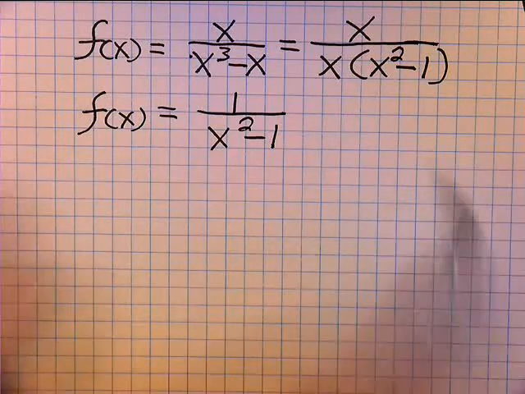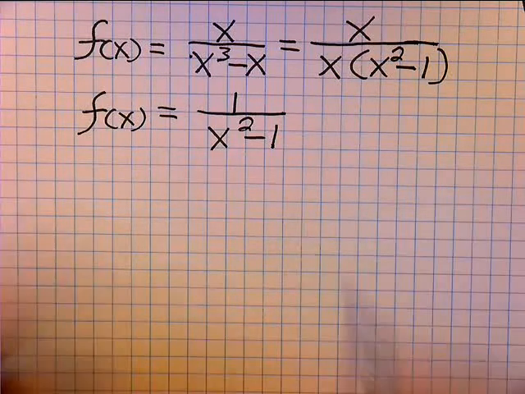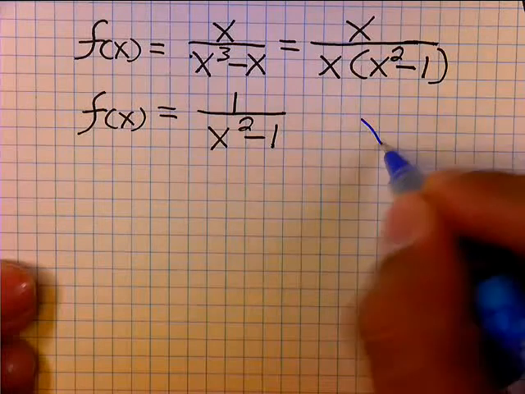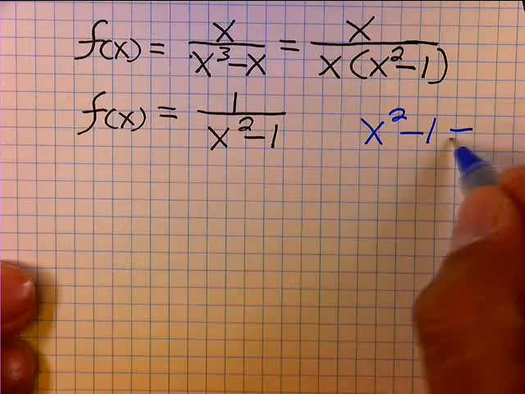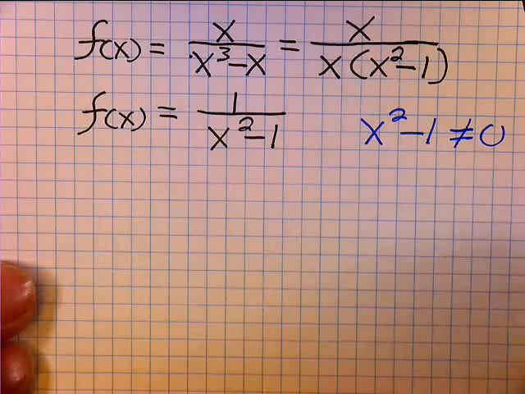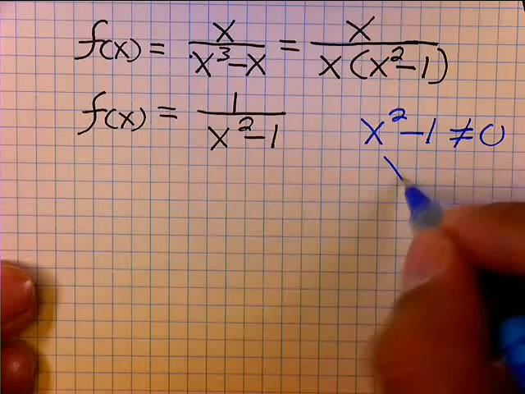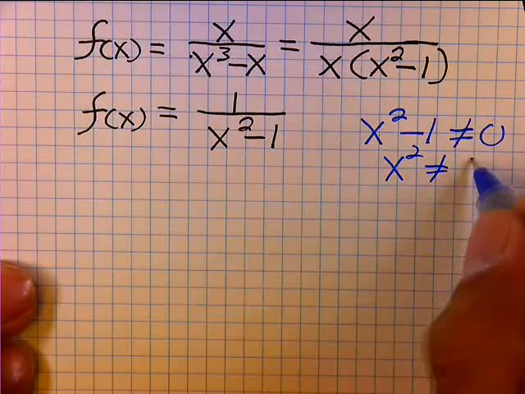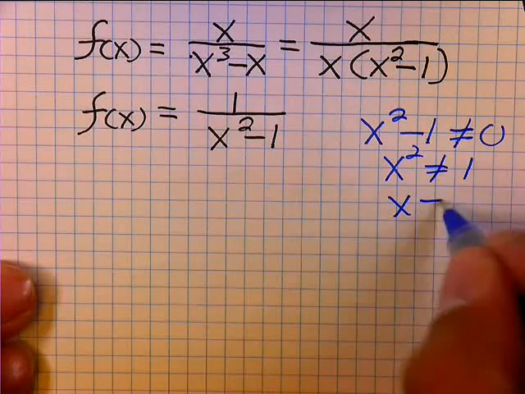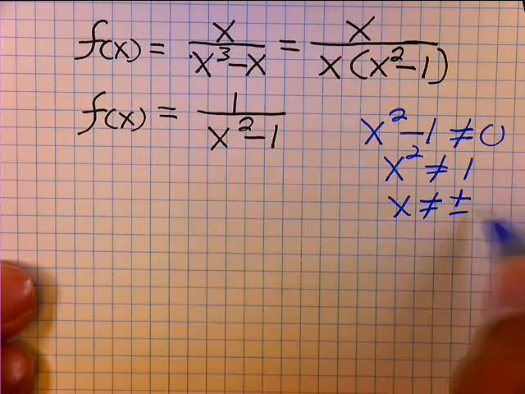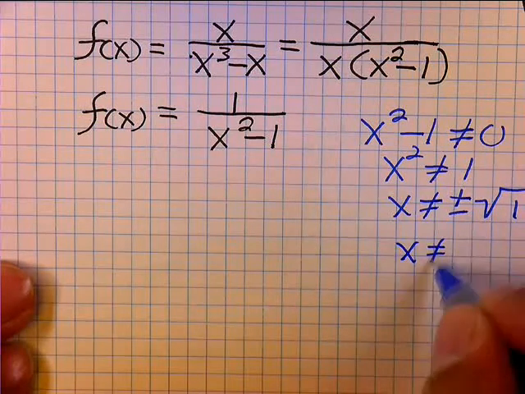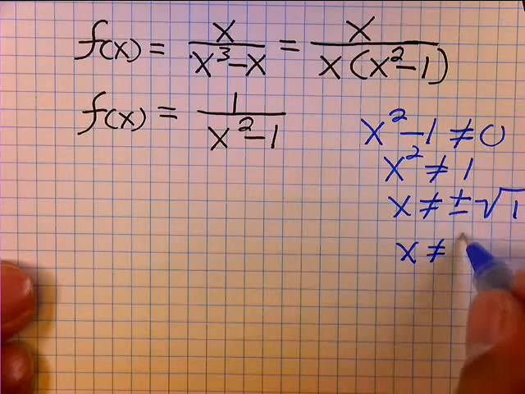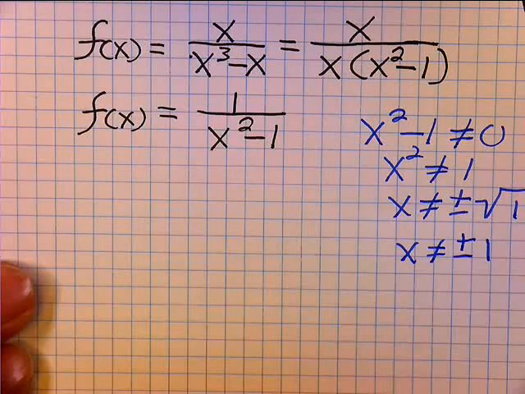I will now take that denominator by itself and note that that value cannot be 0. Or x squared cannot be 1, x cannot be plus or minus the square root of 1, which is plus or minus 1.